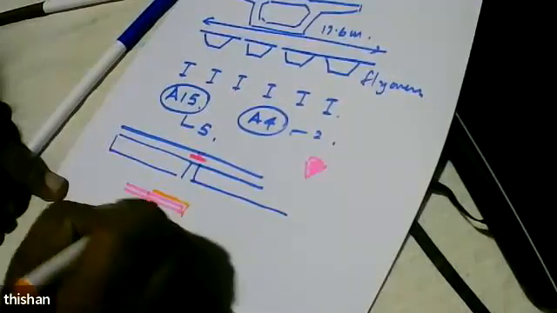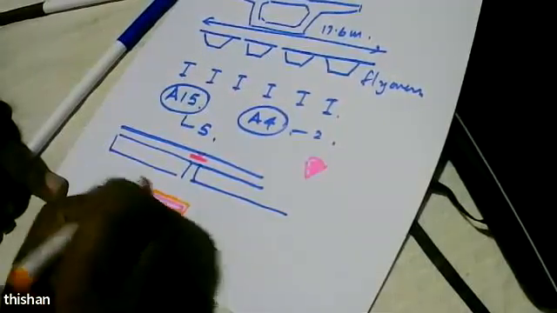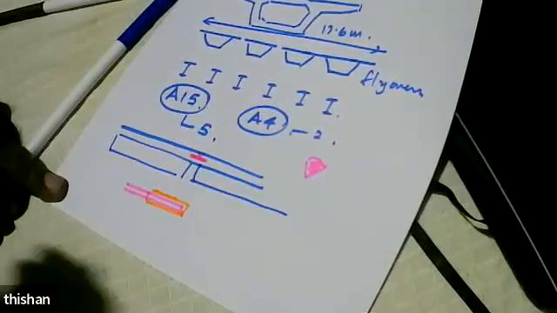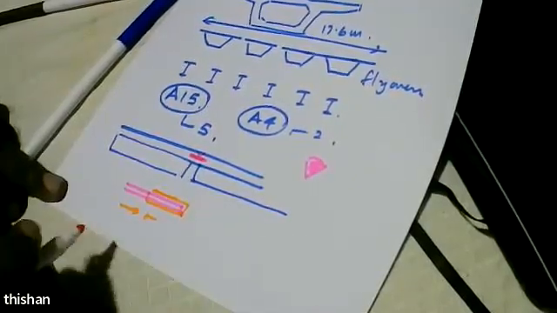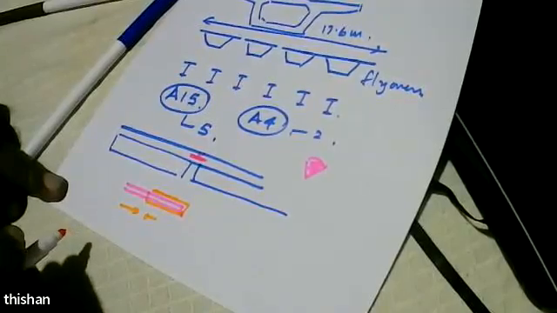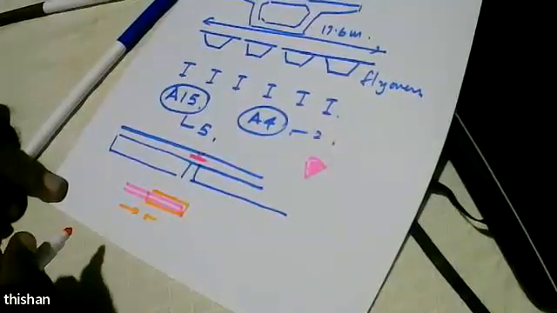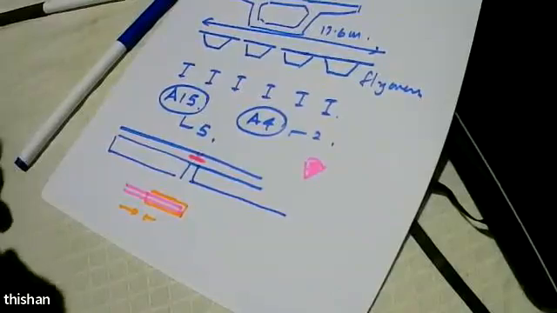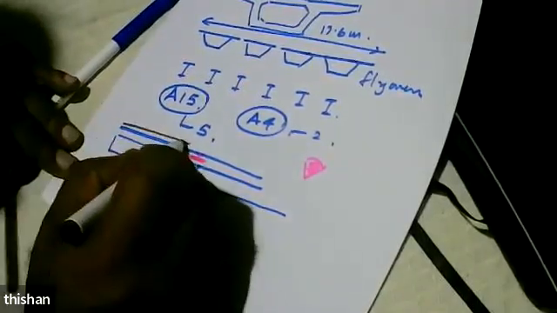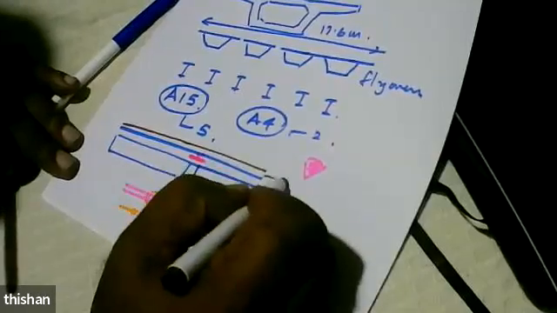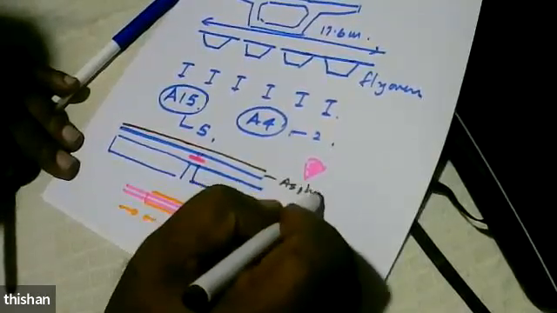This side is wrapped with polythene, and both are embedded in concrete. So any movement can be easily accommodated. So we use this particular joint, and then what we did was we laid concrete.